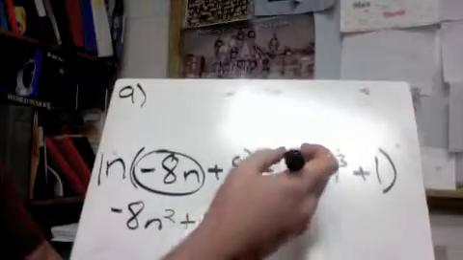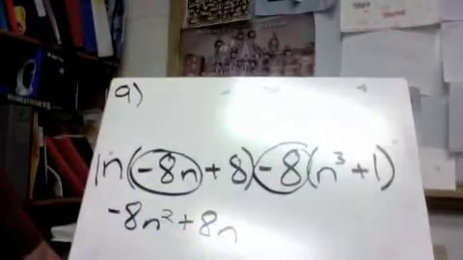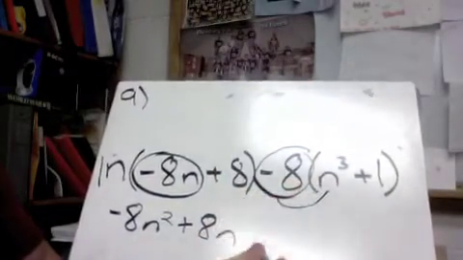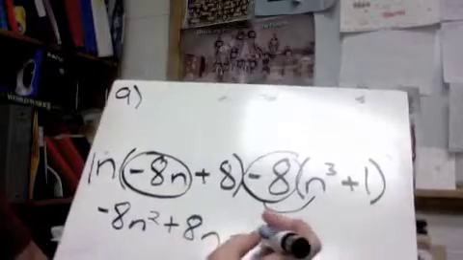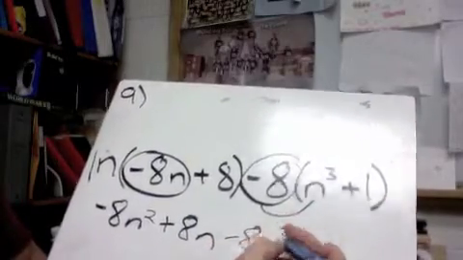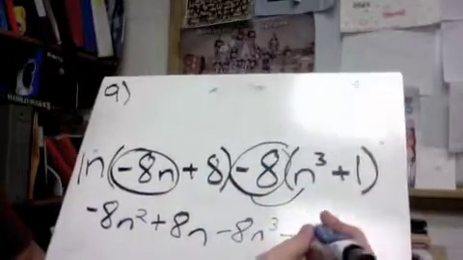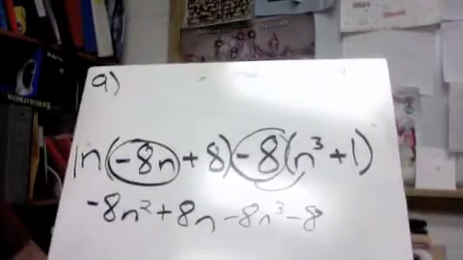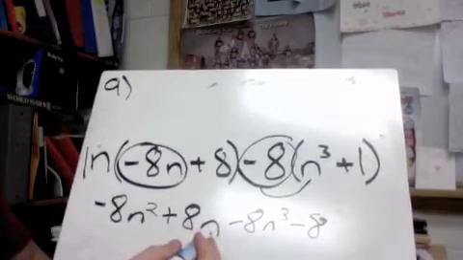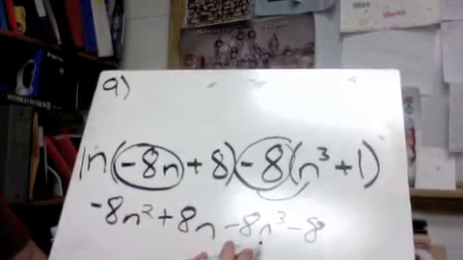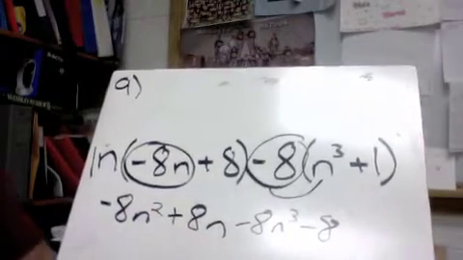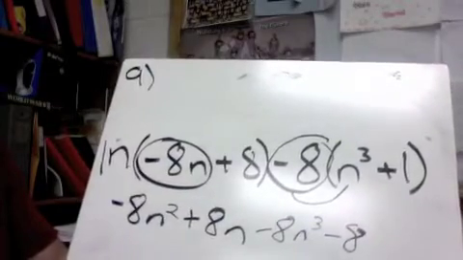And then if we look at the other side here, we've got a negative 8. So I'm going to do negative 8 times n to the third, which is just going to be negative 8n to the third. And then the very last part, negative 8 times 1, is just going to be a negative 8. Look it through, n to the second, n to the third, nothing. We would just keep that exactly as it is.